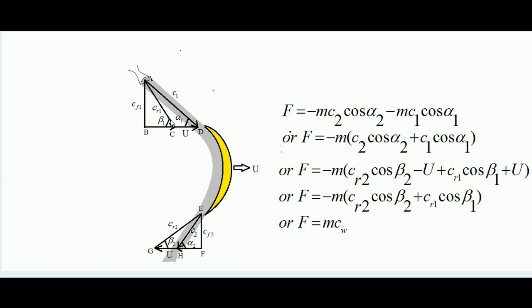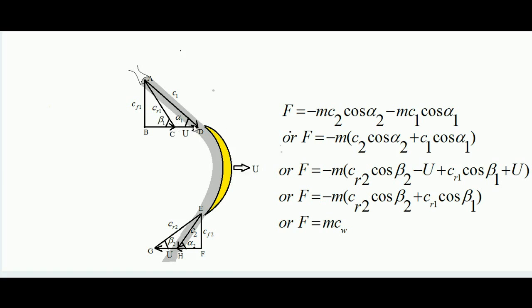It means that however c1 is the absolute velocity of steam, which is with respect to the nozzle, making an angle alpha 1 with the horizontal, what the blade would see is that steam is coming out with velocity vector cr1 and making an angle beta 1 with the horizontal.